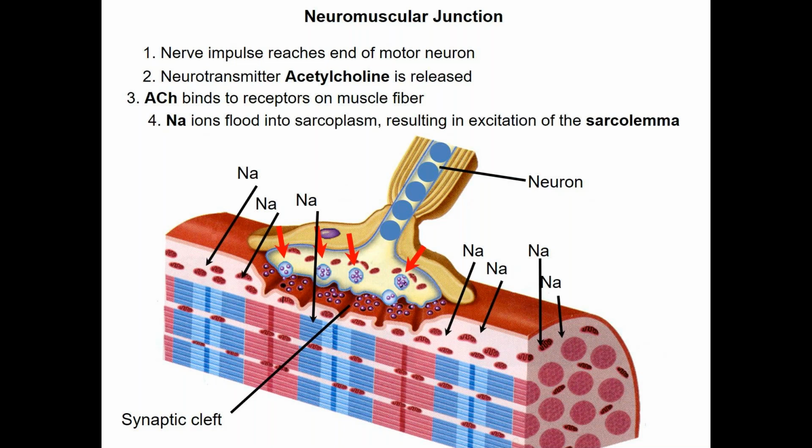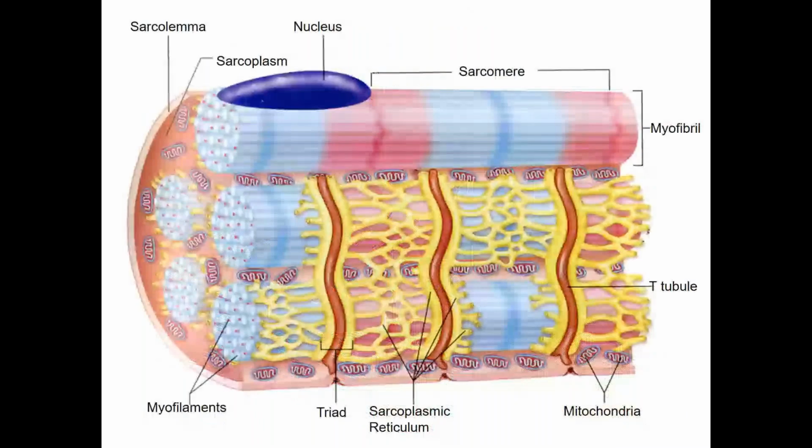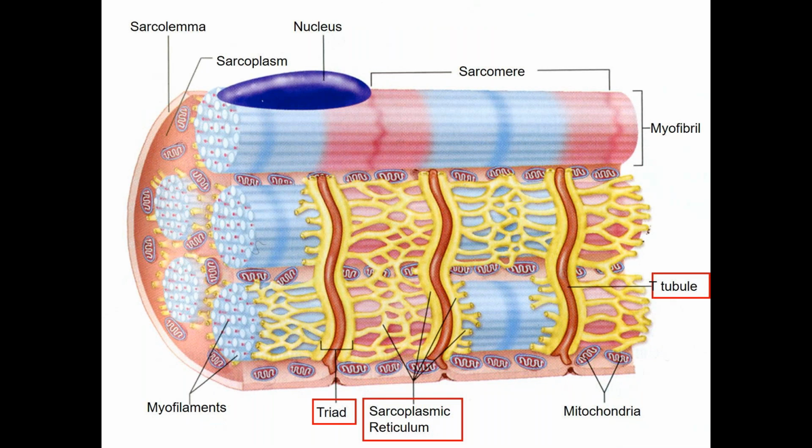Everything's good. It's at this point that we need to start looking at some of the stuff inside of the cell. Specifically here, the T-tubule, the sarcoplasmic reticulum, and the combination of those two things that we call the triad.